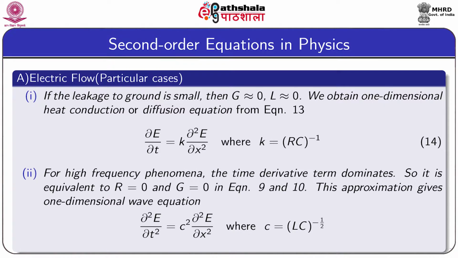Now, I want to discuss some particular cases of the telegraphy equation. Suppose the leakage to the ground is very small. For that case we can assume that G and L both are equal to 0.